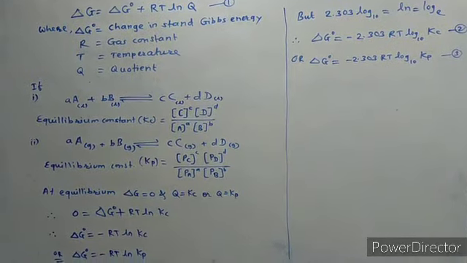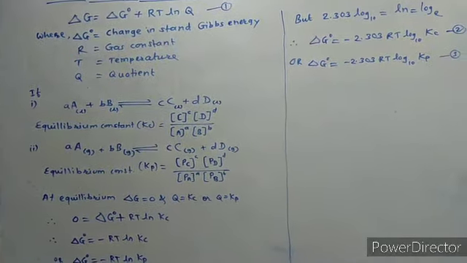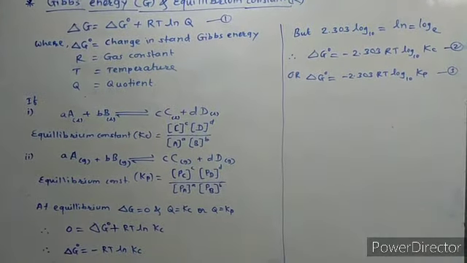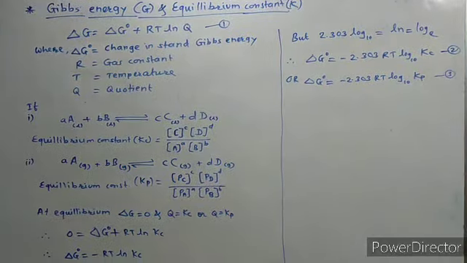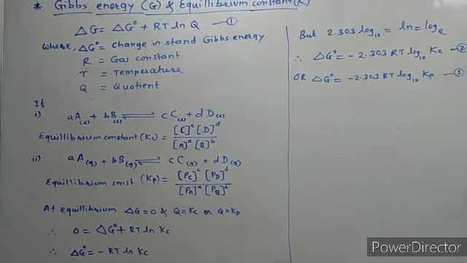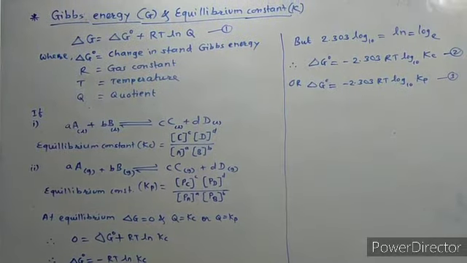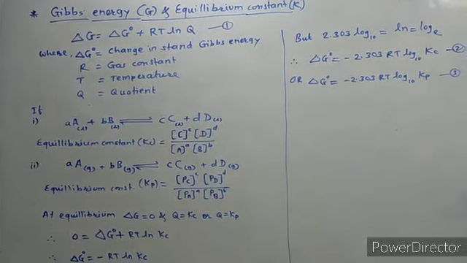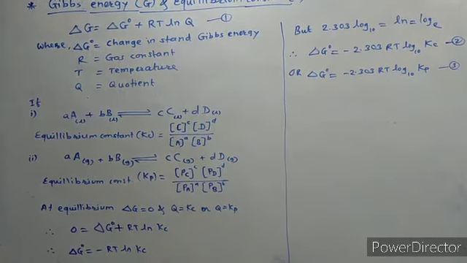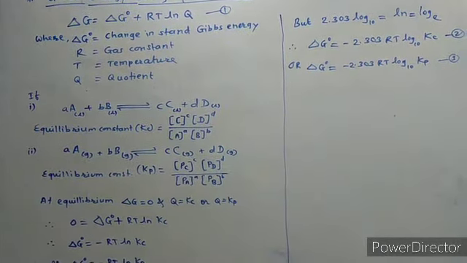Now equilibrium constant Kc, according to the law of mass action, is the concentration of products divided by the product of concentration of reactants raised to their coefficients. Now we will get the value of Kc.